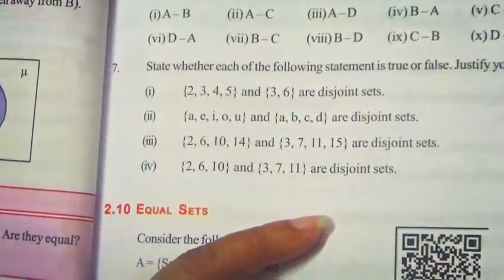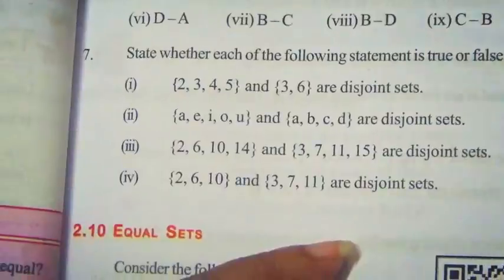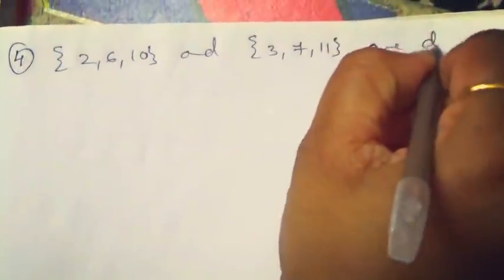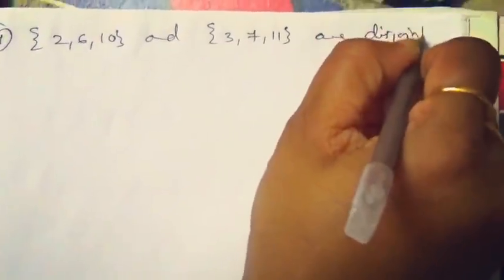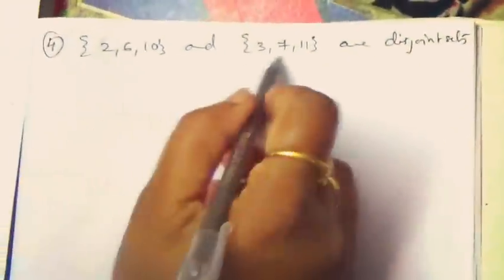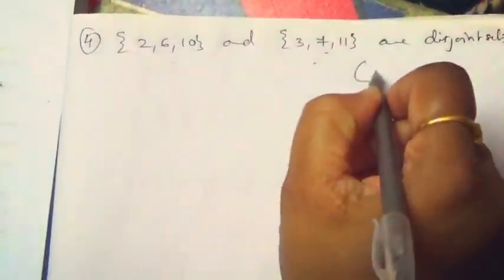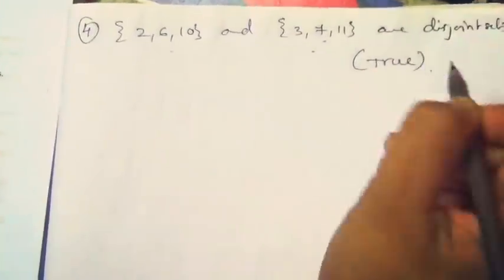Right? Fourth answer. That is 2, 6, 10 and 3, 7, 11 are disjoint sets. Is there any common element? No. Yes, these two are disjoint sets. True.